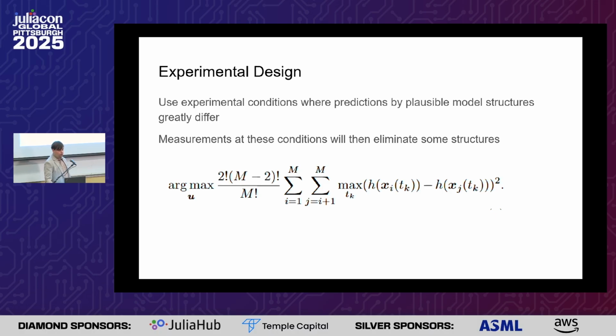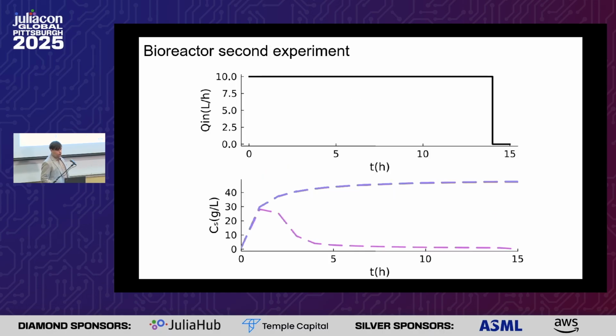Then we will be performing the second experiment under those conditions where these predictions are as different as possible from one another, because once we gather the data, at least some of these predictions will be incorrect. They will then be removed from the top 10 structures of best possible model structures, and they will be replaced by other plausible model structures, and in this way you can come to a sequential experimental design technique.